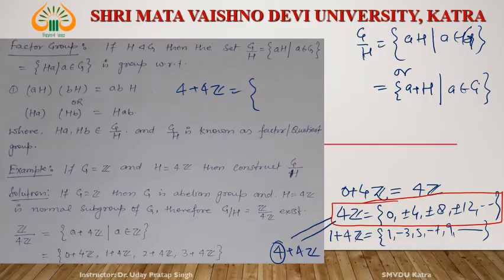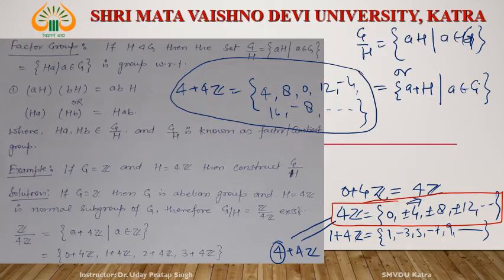Then 0 plus 4 is 4, 4 plus 4 is 8. And for the negative elements, 4 minus 4 is 0, 4 plus 8 is 12, 4 minus 8 is minus 4, 4 plus 12 is 16, 4 minus 12 is minus 8. Right? That's one coset.